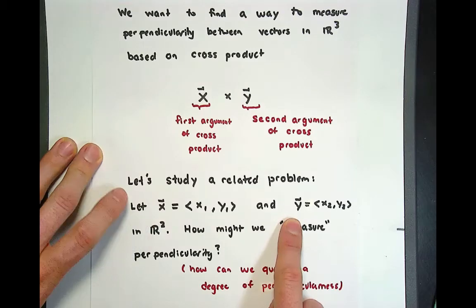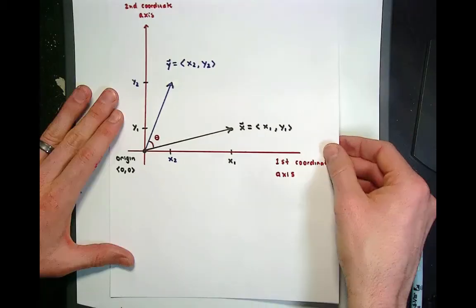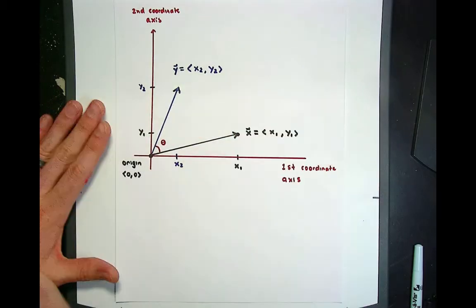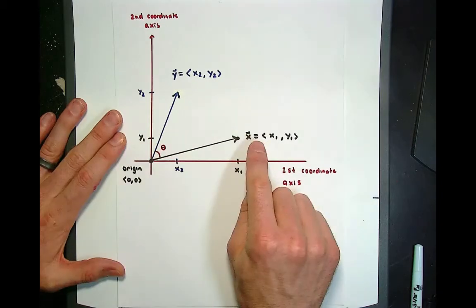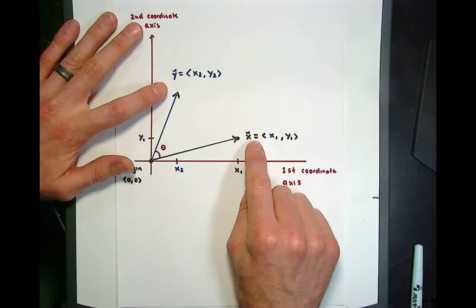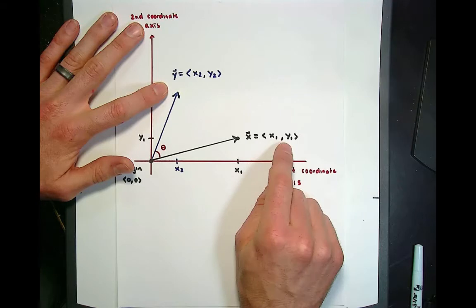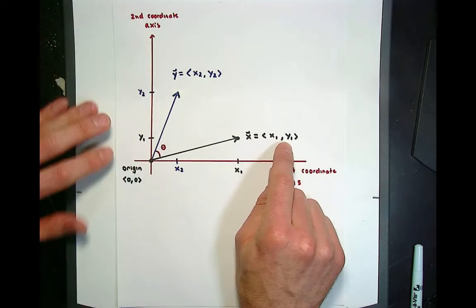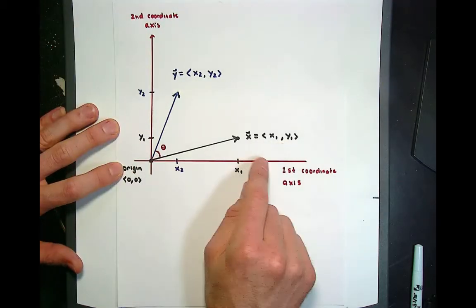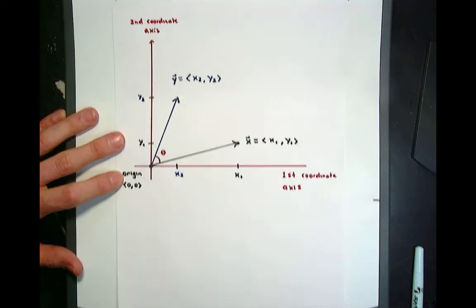In order to do so, let's go ahead and graph this general combination of vectors. So we have a vector x1, y1, and a vector x2, y2. They're on the first and second coordinate axis. I'll go ahead and zoom in here just so you can see this. Sorry about that.